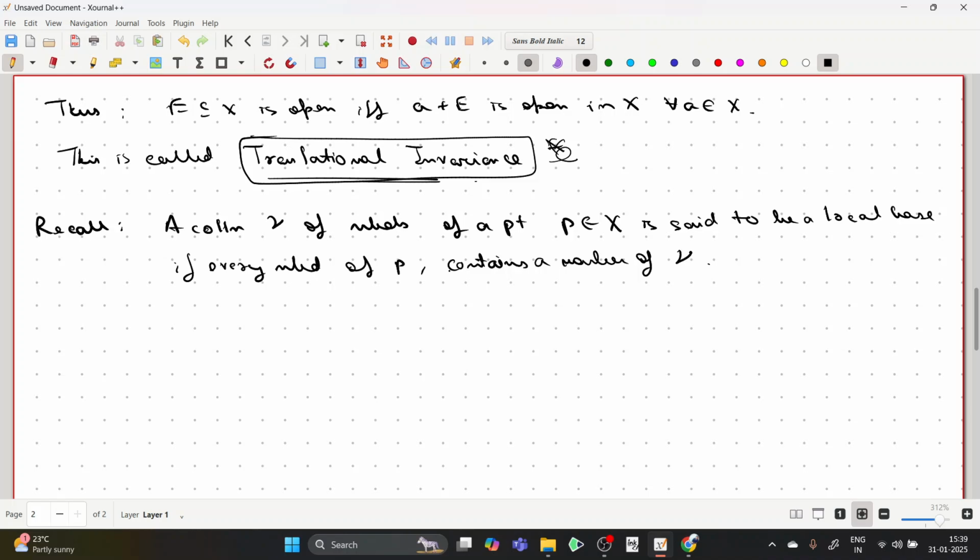Because if I talk about a very small open set, I can just translate it by some vector and place it in any position in the topological vector space, and that will also be open, right? So this translational invariance actually helps us look over the topological vector space in a very small area, because the scaling factor also came out to be a homeomorphism. So I can also scale up the open sets, I can translate these open sets, so I can roam throughout the topological vector space having information about a very small area, right?